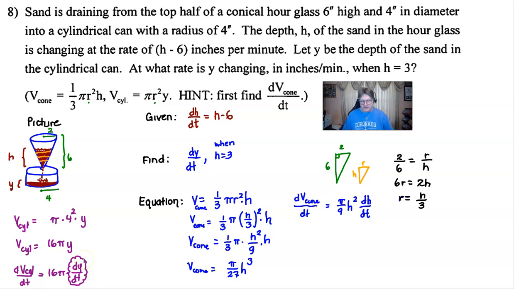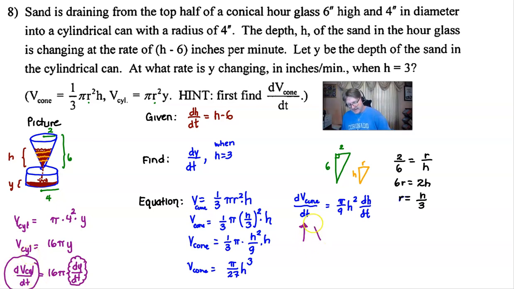But notice, we cannot find that dy dt unless we know the rate of change of the volume of the cylinder. Well, the sand that's coming into the cylinder has to come from somewhere, and it's coming from the cone. So whatever you get here is going to play a very prominent role over here.